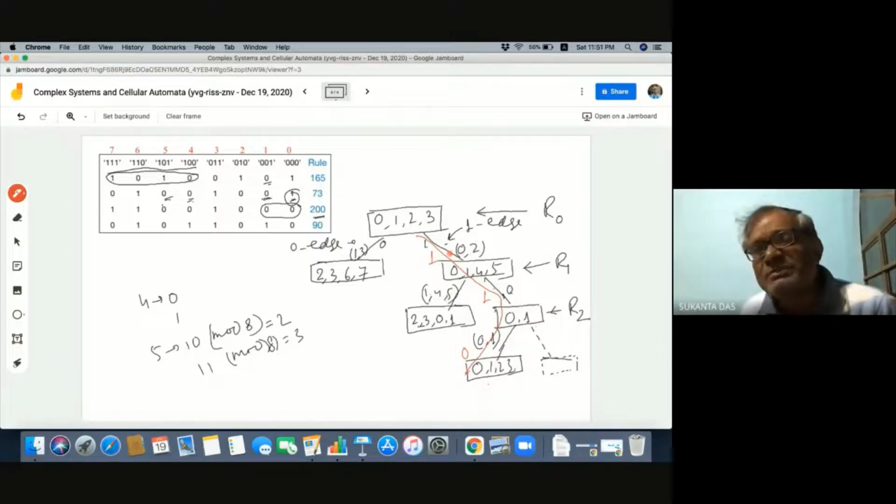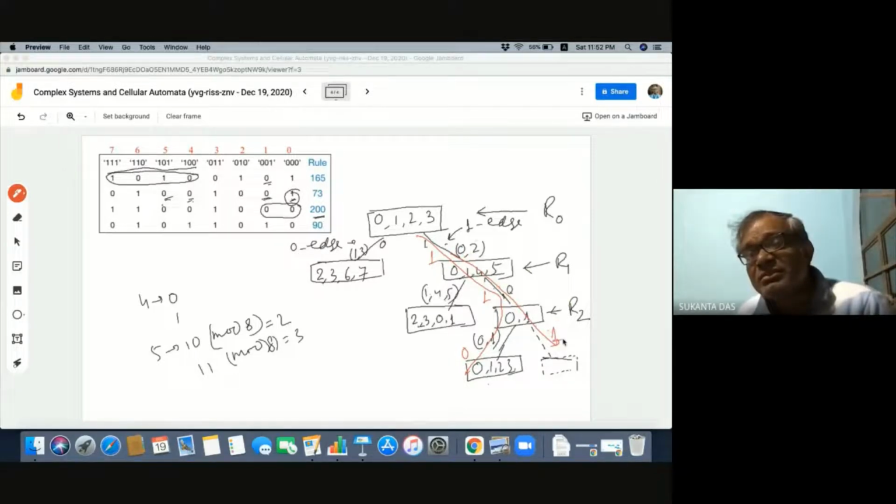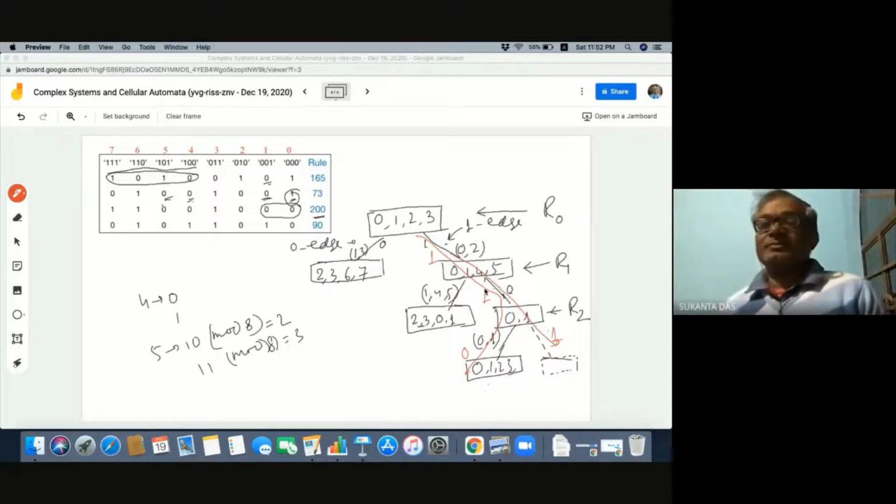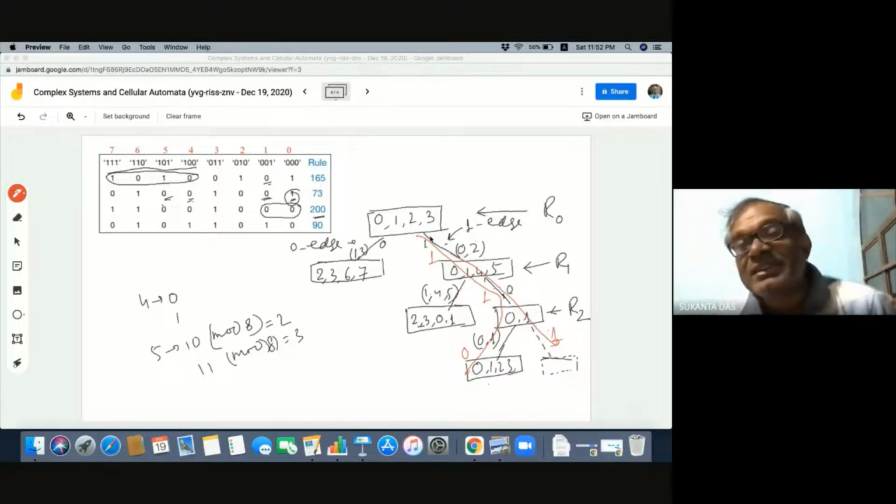But what will be this path? Supposedly, this configuration will be 1, 1, 1, 1, 1, 1, but that doesn't exist. It implies that this configuration is non-reachable.